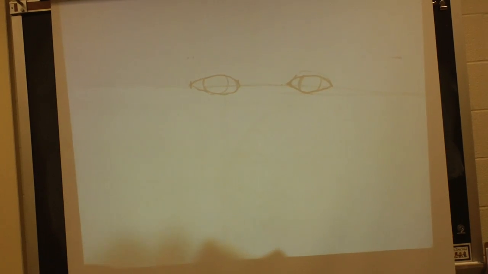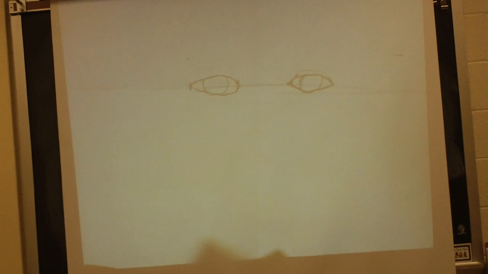So when you draw the iris, instead of drawing a circle, you want to draw a circle that looks like it's been cut off a little bit. If you draw a full circle, it'll look like a zombie. And we will shade the pupils in later. If you put pupils now, it'll look sort of weird.